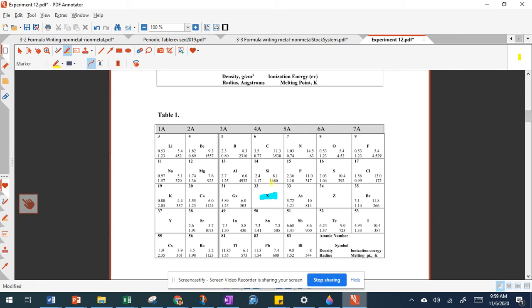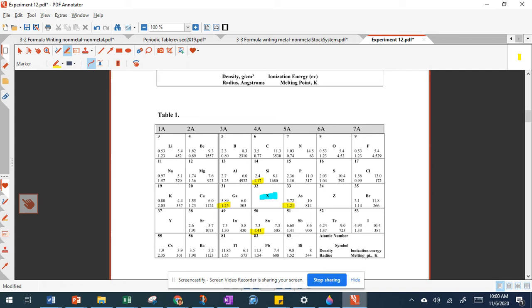What we would see is that silicon's radius is 1.17 angstroms and tin's radius is 1.41 angstroms. So we would know that X would have to have a radius between those. But we also have to keep in mind that it has to also be between gallium and arsenic's radius.